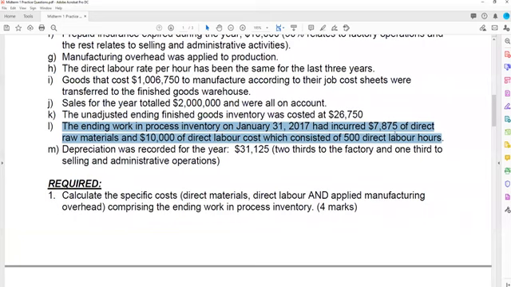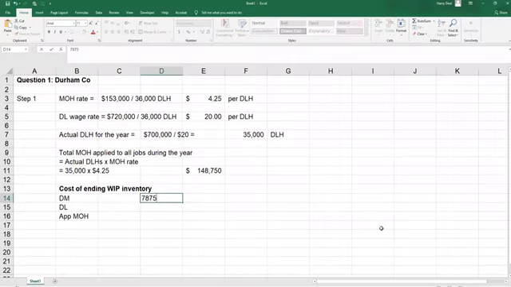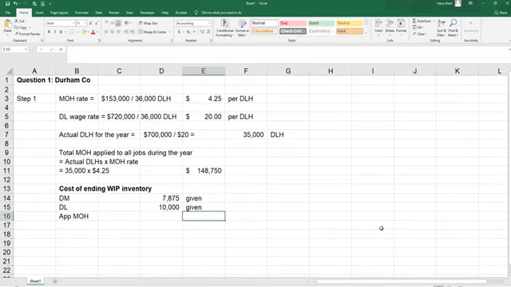So $7,875 is given, $10,000 for the direct labor, that too is given. And for the applied manufacturing overhead, it's 500 hours times $4.25. The 500 hours were provided.